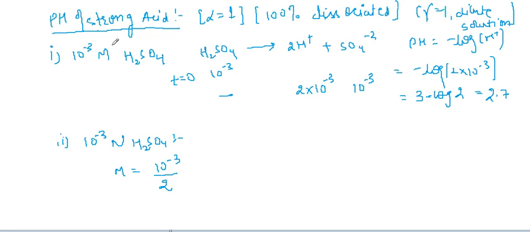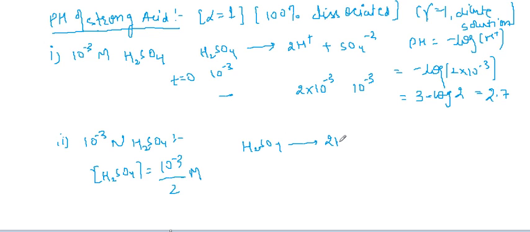So the concentration of H2SO4 is 10 to the power minus 3 divided by 2 molar. Now in that solution, what will be the concentration of H plus? Again, if we consider the reaction, H2SO4 gives 2H plus plus SO4 minus 2.